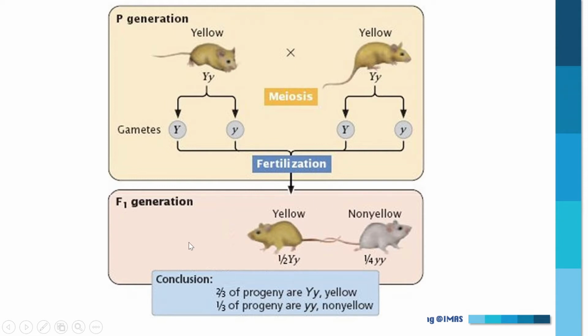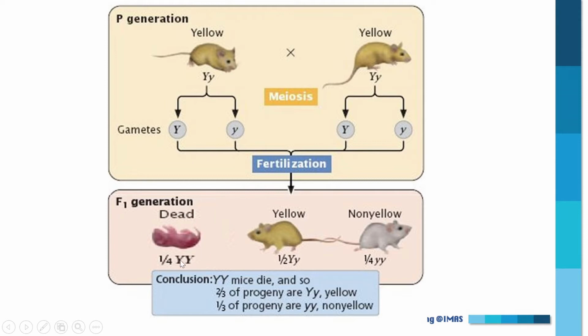What happened is that the homozygote dominant embryo died, so the YY mice die, and the ratio is only 2 to 1. So why does this one die?